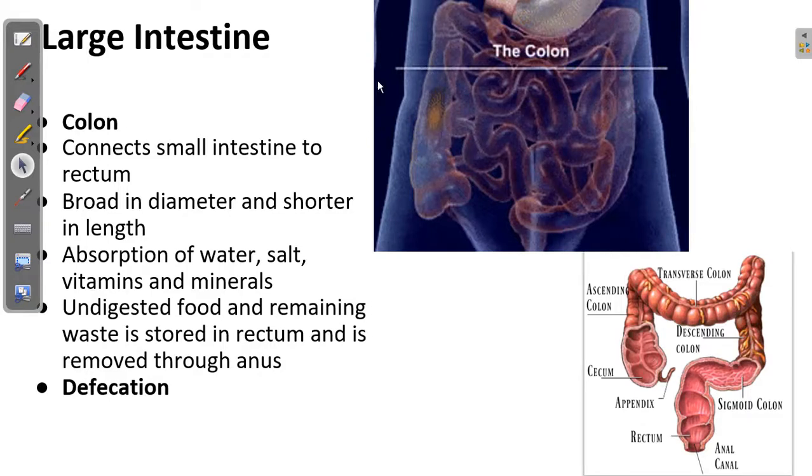Then, the main function of the large intestine is absorption of the substances which are not absorbed by the small intestine.